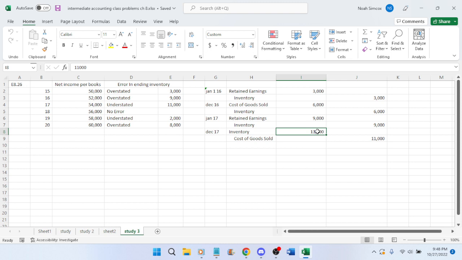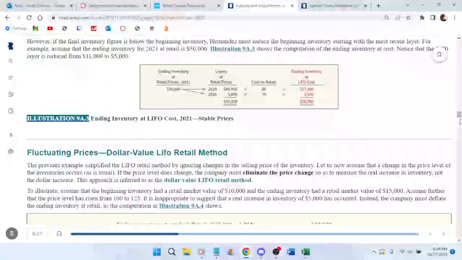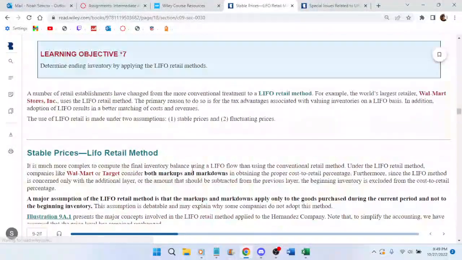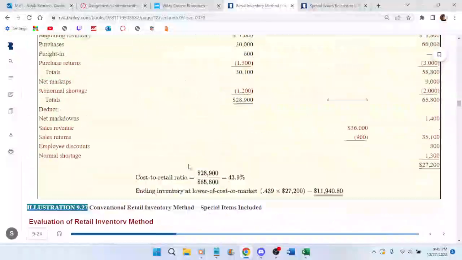Dude, this is so confusing. Why is this? The textbook sucks. This is the worst. In this case, the textbook literally does not explain how to do the problem.